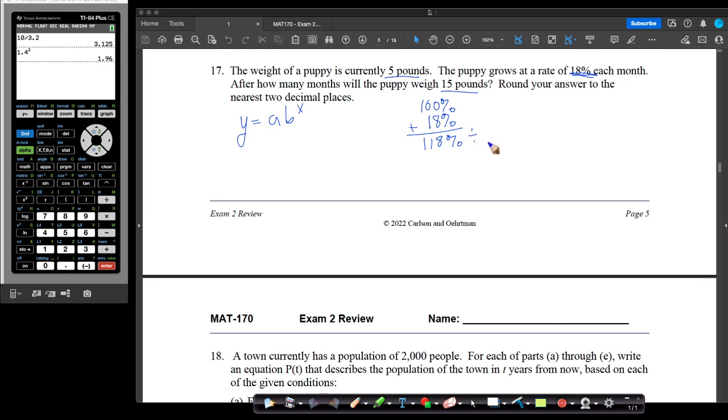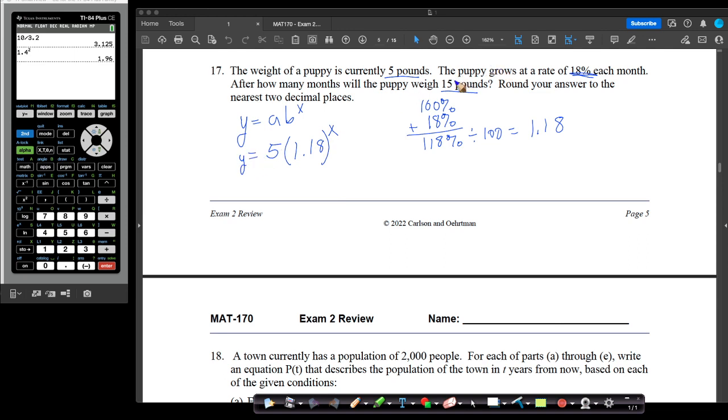To get our factor, we divide it by 100, which gives us 1.18. So our formula is going to be starting value, initial value 5, the growth factor is 1.18, and we raise that to the x power, where x is the number of months.